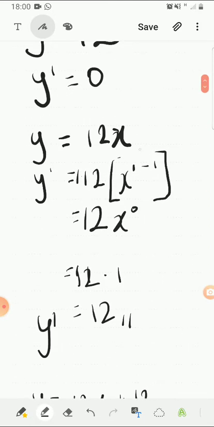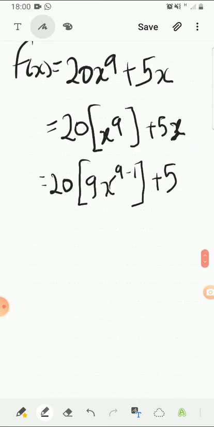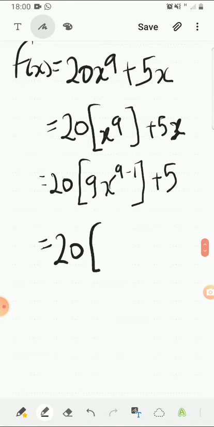Remember, 12x over here turns into 1. So derivative of x is always 1. So this gives you just 5. Now what you have here is 20. Here is going to be 9. 9 minus 1 is going to give you 8 for the power, plus 5.